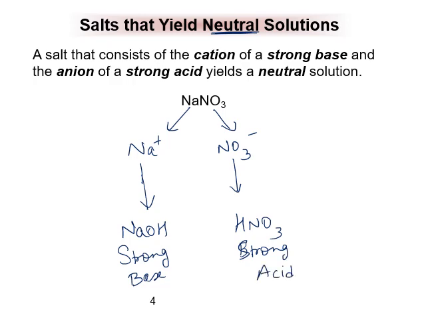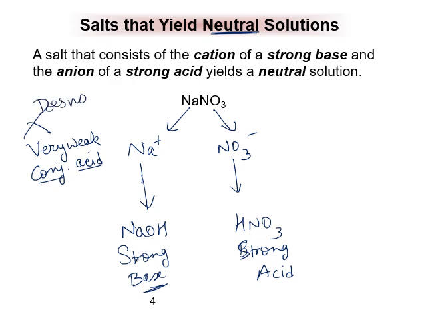So let's focus on one first. So Na plus comes from a strong base, which makes this a very weak conjugate acid. This is a strong base, so this is a conjugate acid of it, which is a very weak conjugate acid, which means it does not affect the pH.